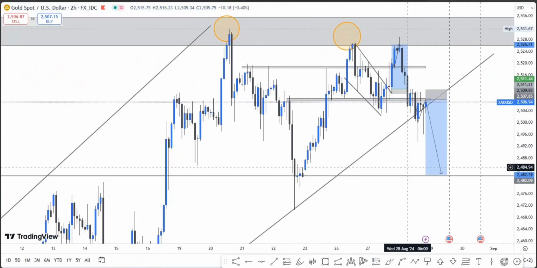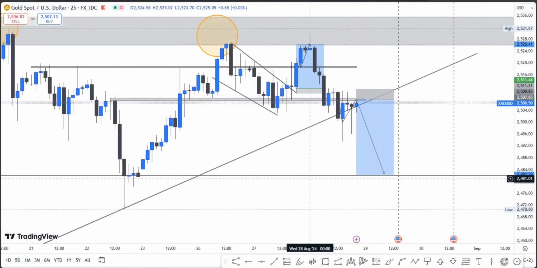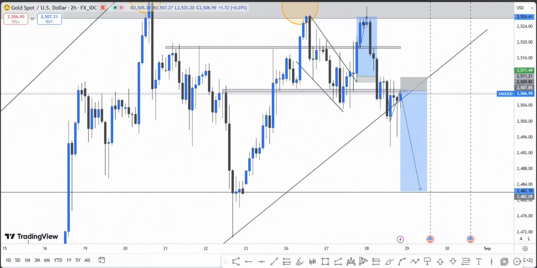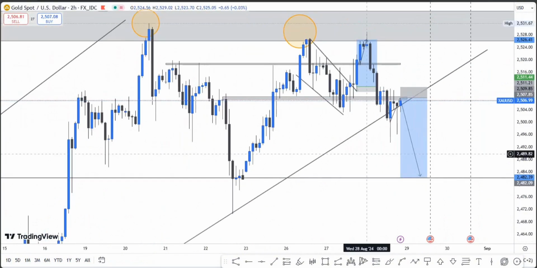So this one is proper again, because we get to understand that the sales are very strong here. The sales are very strong. So yeah, guys, 1 hour time frame. Let's see what's happening on the 1 hour time frame, because you can see everything has been respected here.